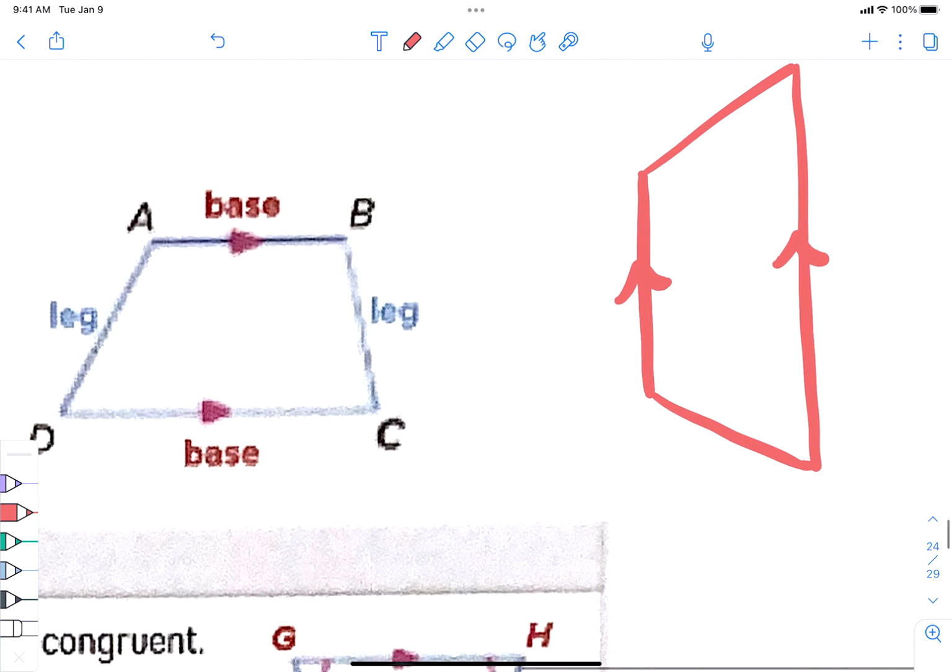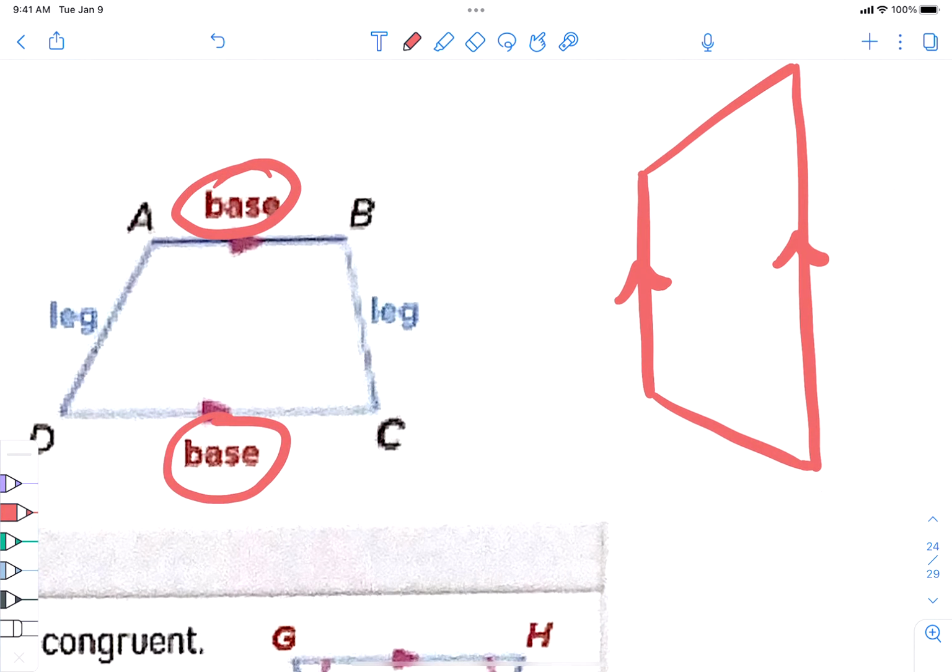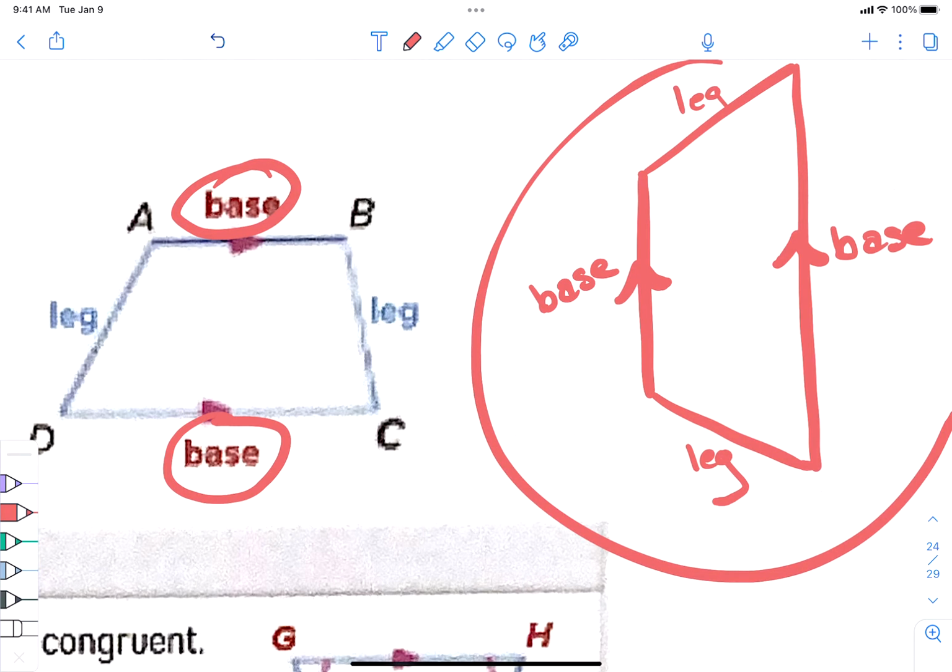Now they've labeled this one as the base and the base, and base does not necessarily mean the one it's sitting on, right? If I have it situated like this, this is a base and this is a base, and this is a leg and this is a leg, even though that's not what it's standing on. It's not standing on its leg if it's positioned like this, but bases go like that.